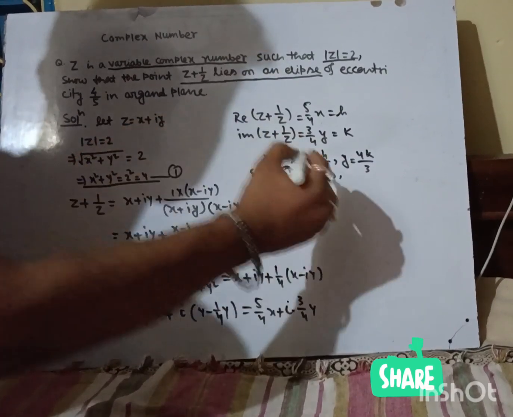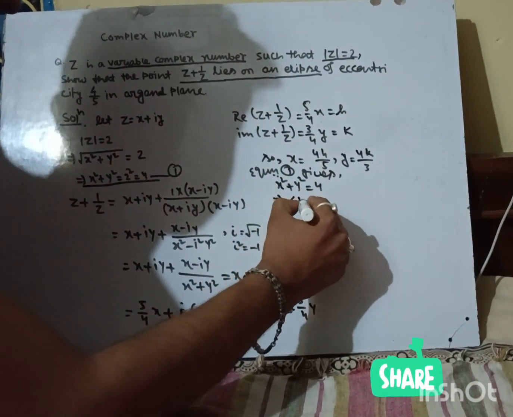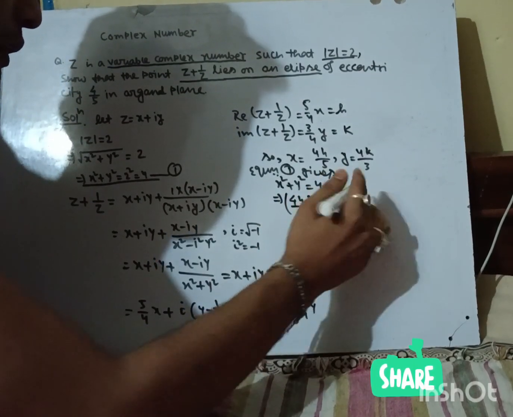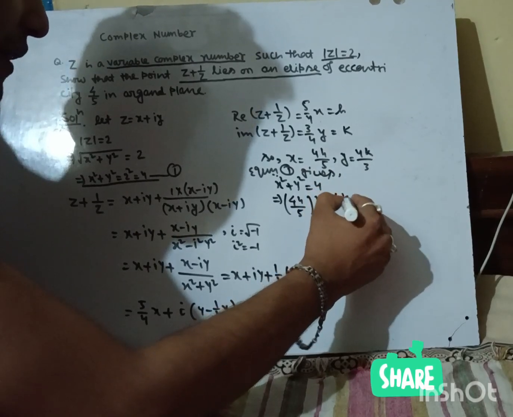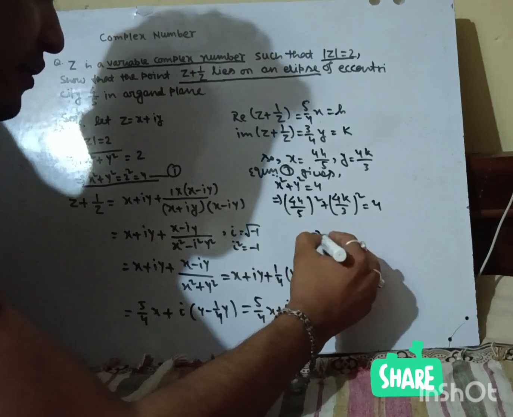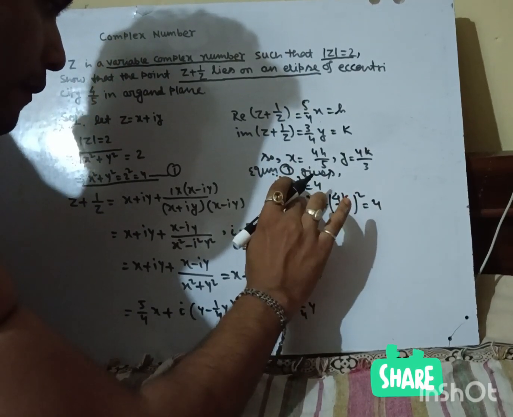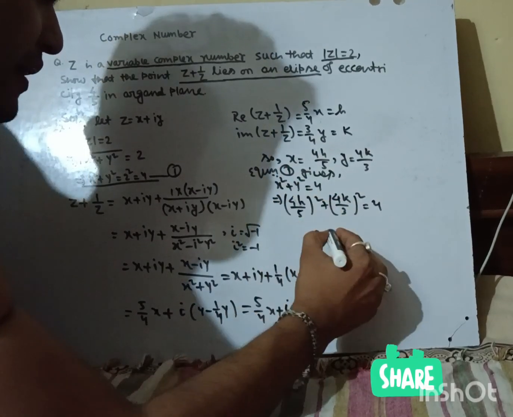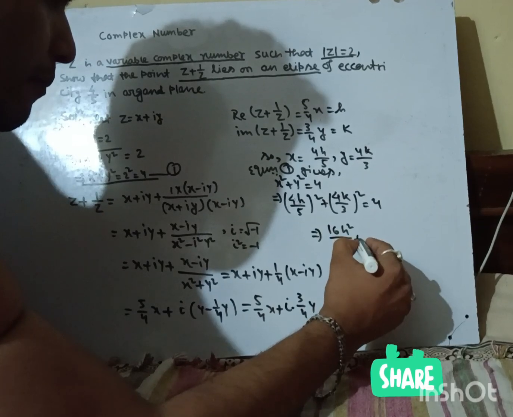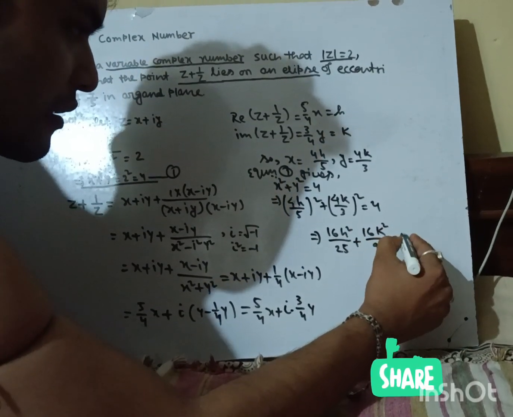That means here x square plus y square equal to 4. This implies (4h by 5) square plus (4k by 3) square is equal to 4. That means 16h square by 25 plus 16k square by 9 is equal to 16.